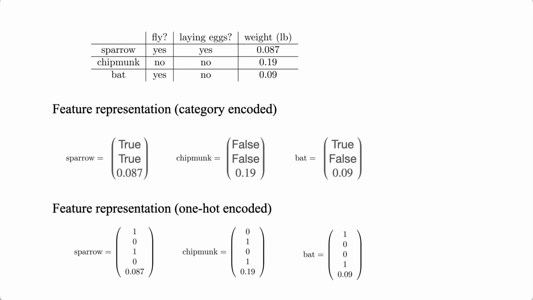However, if there are more than 2 possibilities, like color of a car, well, it could be red or green or blue or yellow or plum crazy if you're a 1970s Dodge sports car fan. So how do we represent those colors? Well, we cannot just turn colors into numbers like 1, 2, 3, 4.